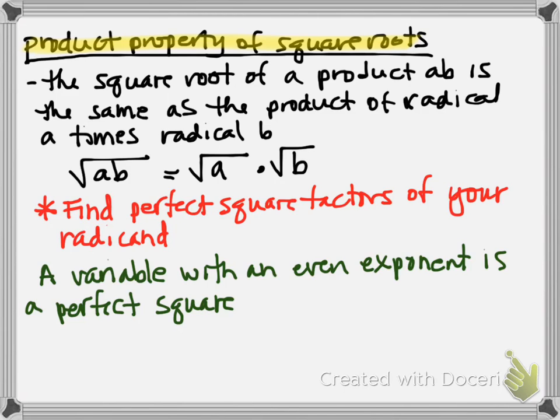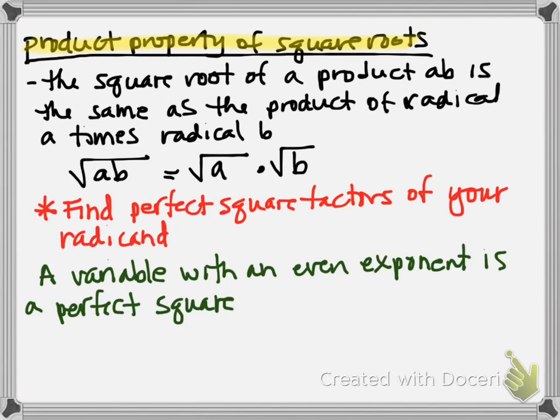What did we mathematically do when I took the square root of a variable with an even exponent to get it to come outside? What happened to the exponent of that original variable when I took its square root? So I had x to the 4th.